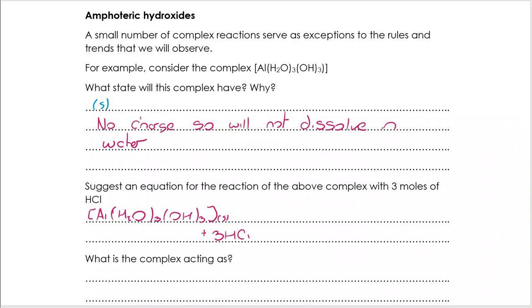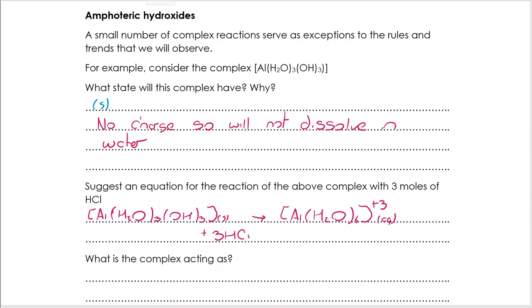It's going to be a proton donor. So it's going to donate protons to the 3 OHs, taking them back to H2O. Because H2O has 0 charge, aluminium has a plus 3 charge, we're also going to regenerate that plus 3 charge on the complex, making it charged, which means it will dissolve in water, making the state symbol aqueous.